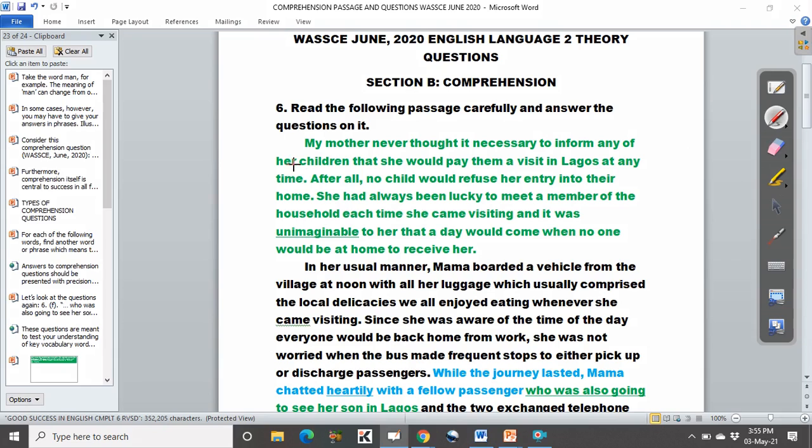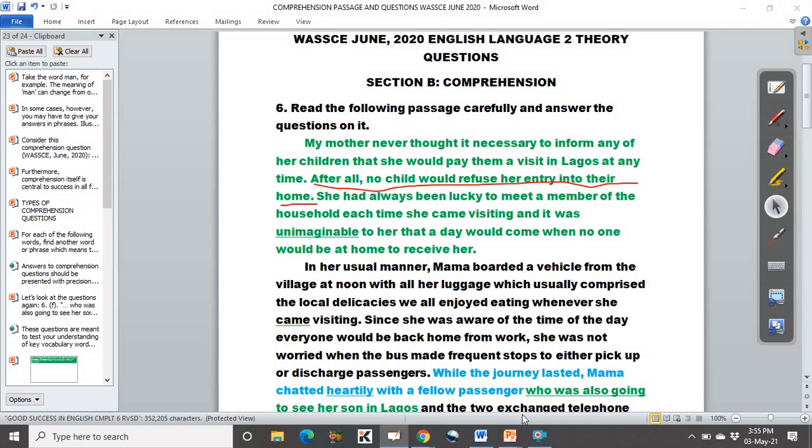She believed that none of her children would refuse her entry into their house. That's the clear answer. So you can see that it is a direct or factual question because the answer is explicitly stated in the passage.